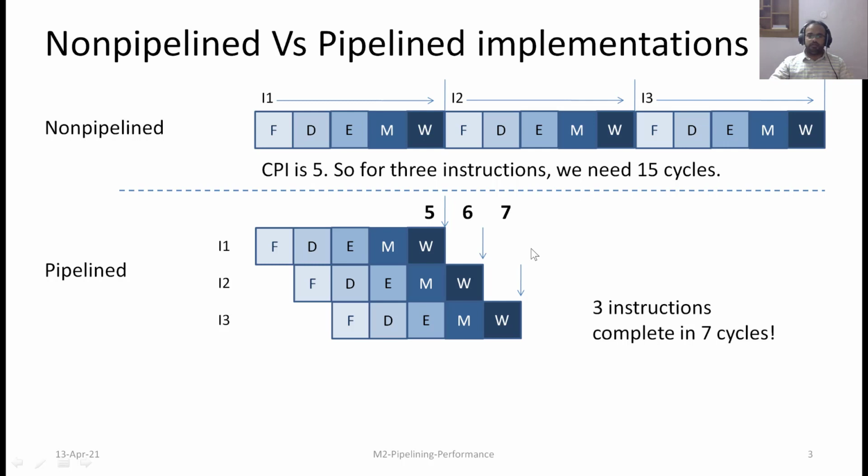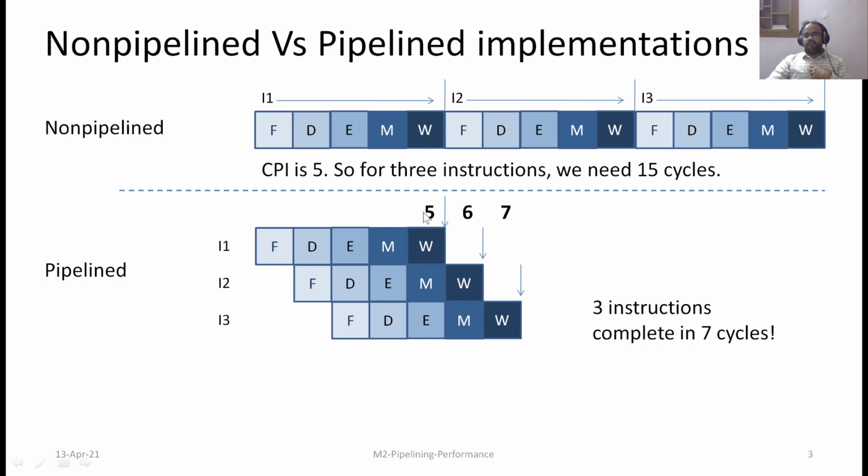Now, if you want to do the same thing for 100 instructions, for example, the first instruction would take 5 cycles, and the remaining 99 instructions take 1 cycle each. So overall, it is 5 plus 99 equals 104. Now, if you consider a program with millions of instructions, that would be the typical size anyway.